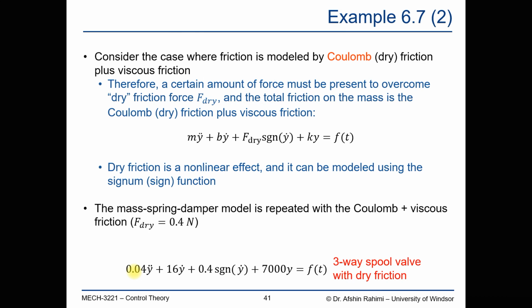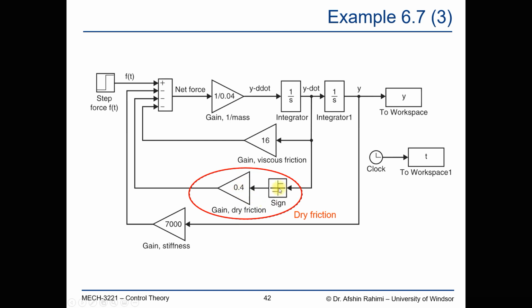Having this, what we need to add in our integrator block diagram is an additional term for the nonlinearity. This will result in an additional route from the y dot, and then a new block that is a sign block, and then adding that to our summation that will result in our y double dot.